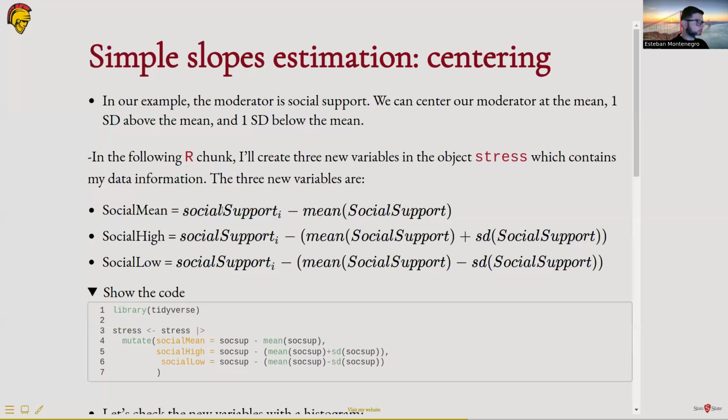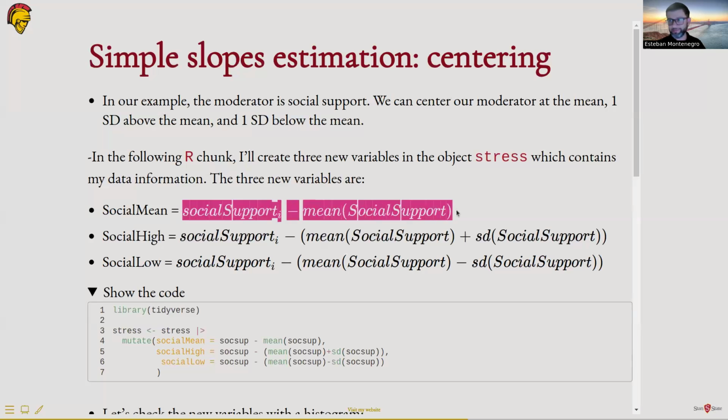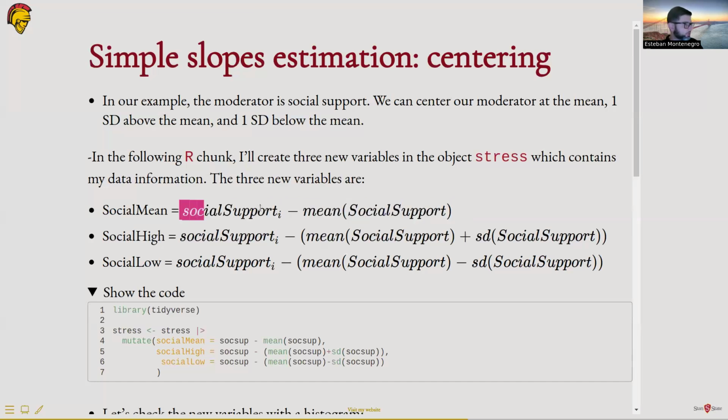So in other words, what you are doing is mean centering your predictor, right? This is like mean centering. So what you're estimating is how far or how close is each individual from the mean. You will create another variable where you estimate the distance of each individual from one standard deviation above the mean, right here.